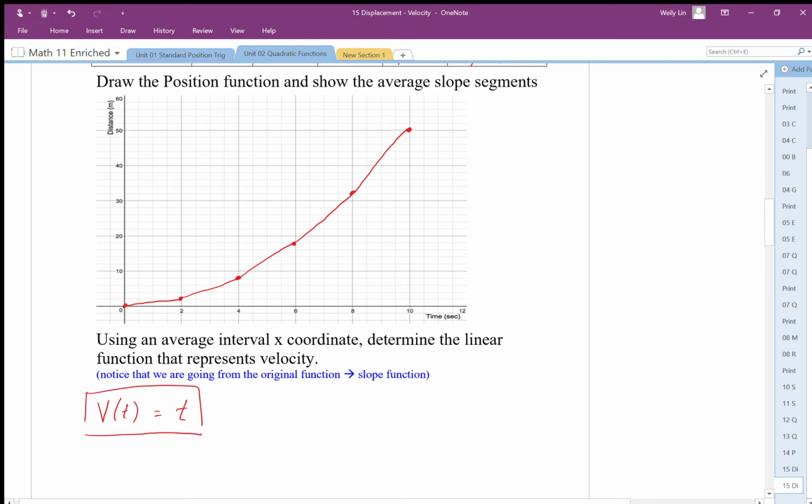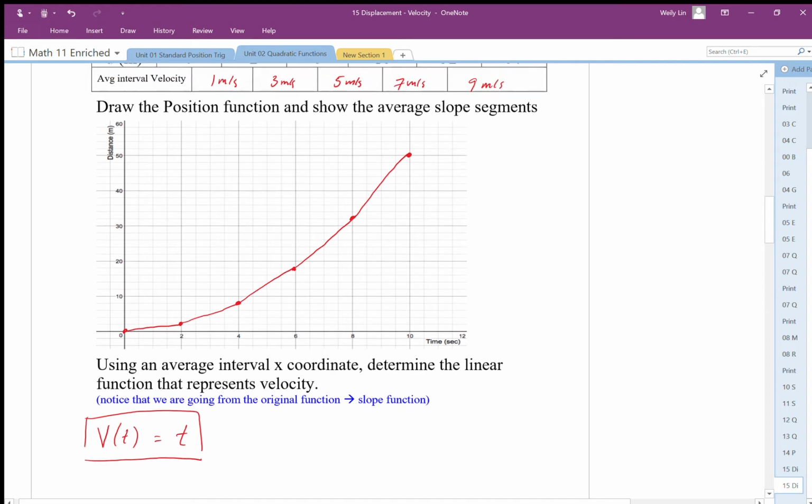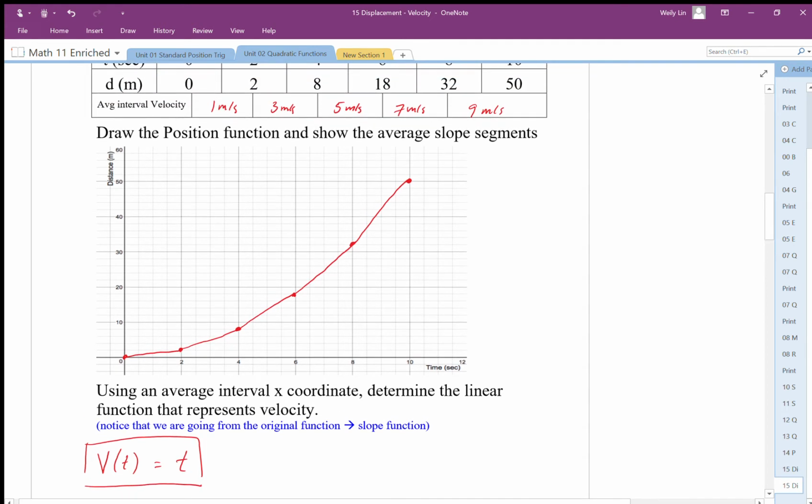We generated that from this displacement graph by getting the slope segments and figuring out the average slope in those intervals, and using that average slope, we referred it to the average interval time, and we're able to come up with a function for that.